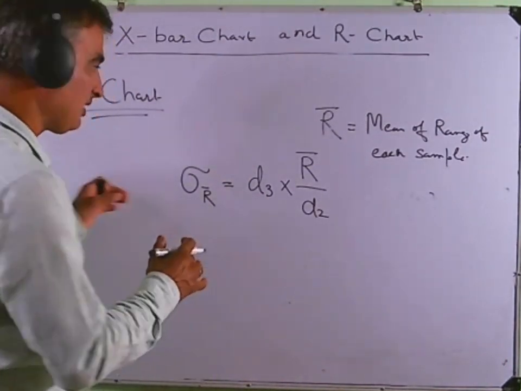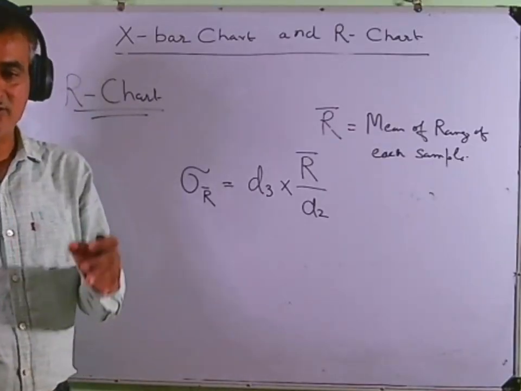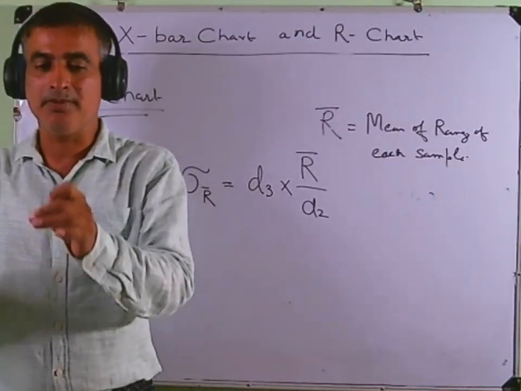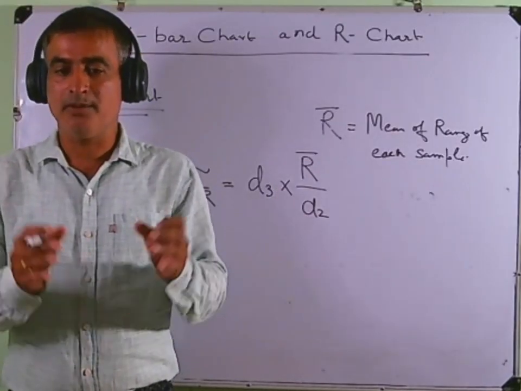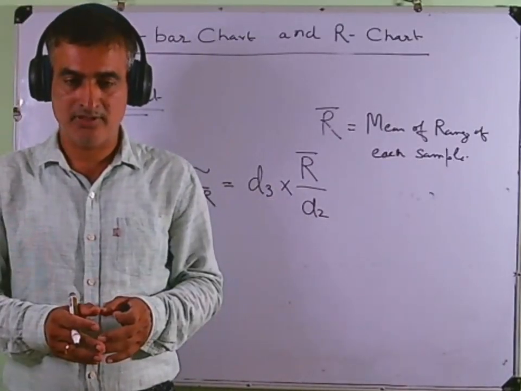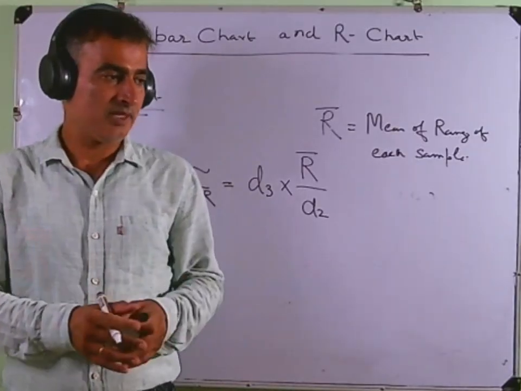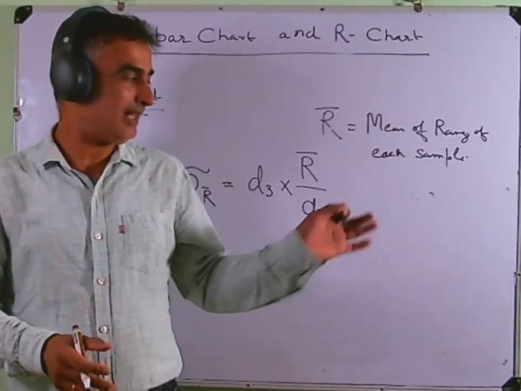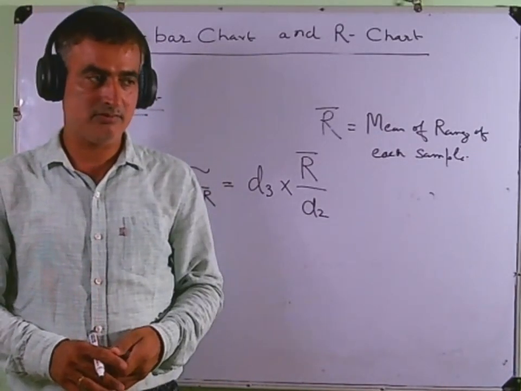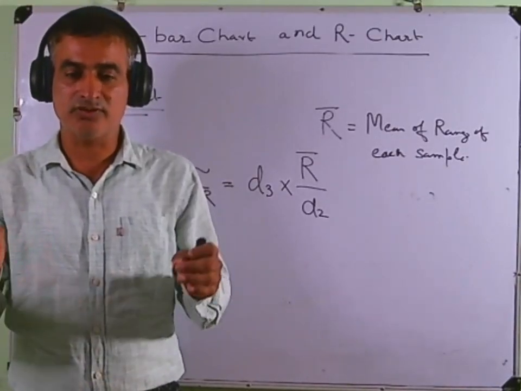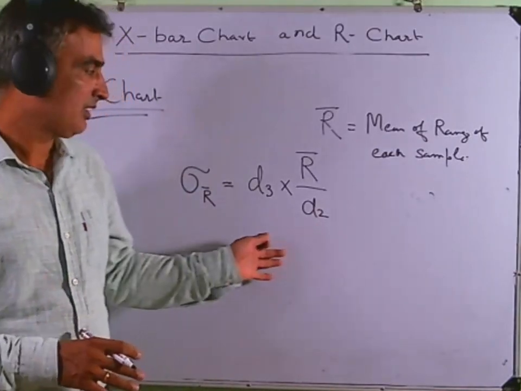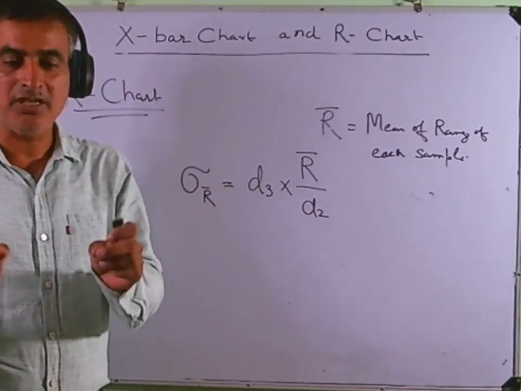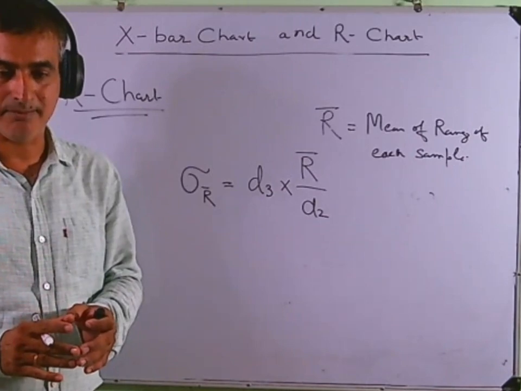The range chart would be similar to the X bar chart, but here, instead of the mean, we are using the mean of the range. Earlier, we were using the mean of the samples. For each sample we calculated the mean, and that central line was the process mean. Whereas here, the central line would be the mean of range for each sample.